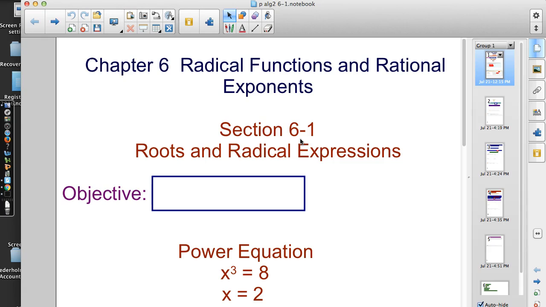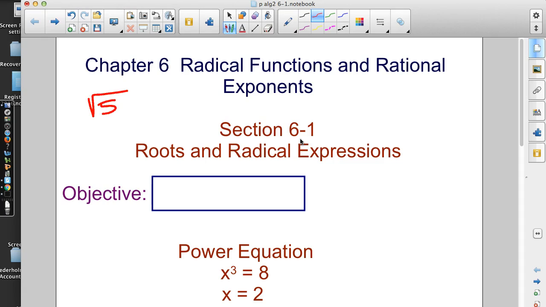The whole chapter is about going a little bit farther than we had before with math. Instead of saying, okay, I know in exponential, they taught us to take the square root of 5. Well, you can't really do that because there isn't any number that's going to work out nice. You know, you could put it on a graphing calculator and get the square root of 5 as a nasty decimal.